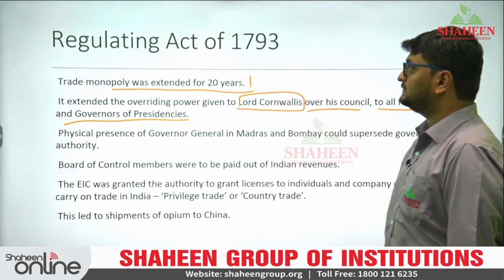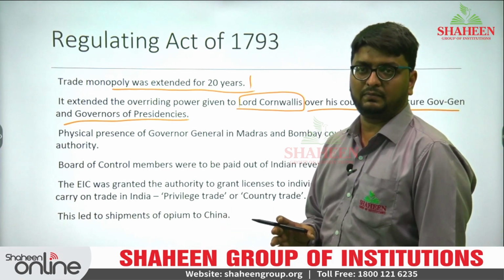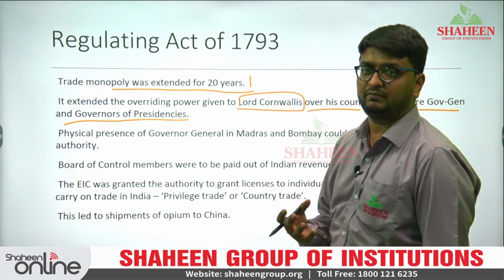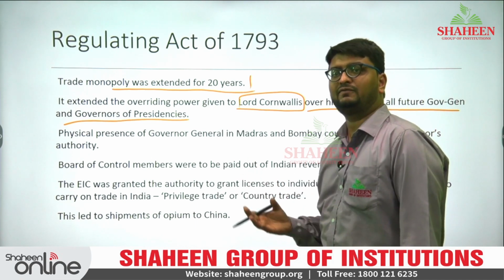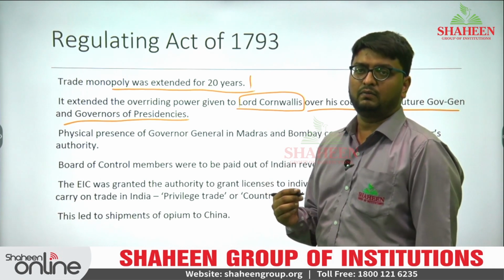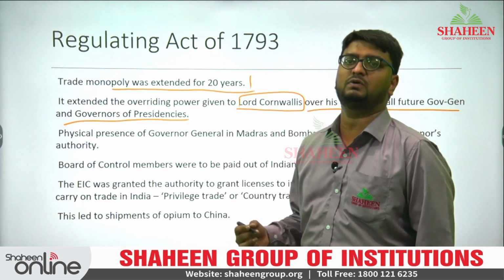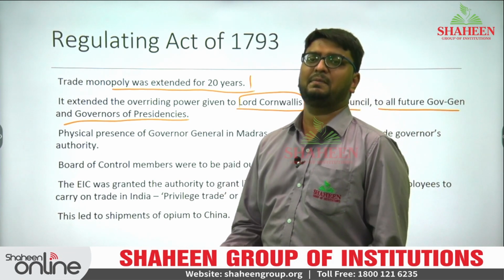It wanted to solve the defect of 1773, where even though the Governor of Bengal was made Governor General and other governors were made subordinate to him, that was not practical because of his absence.